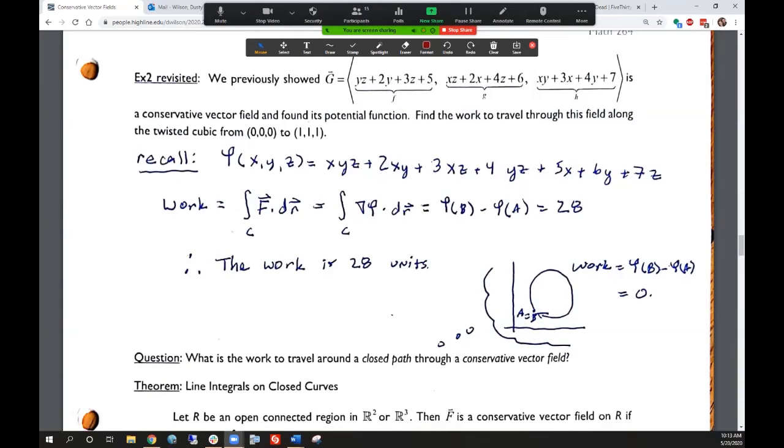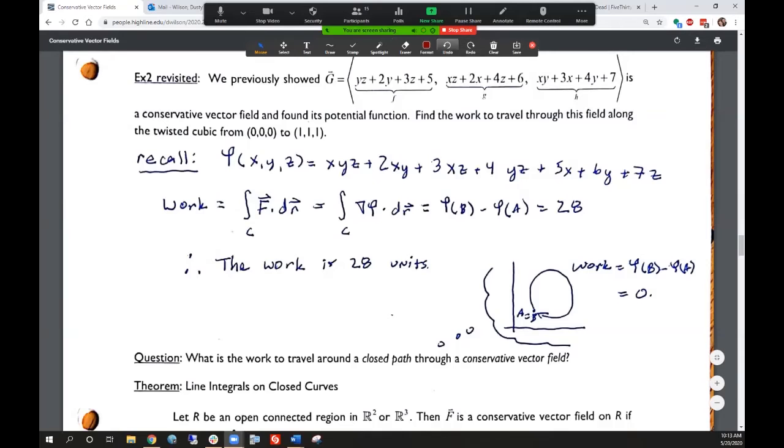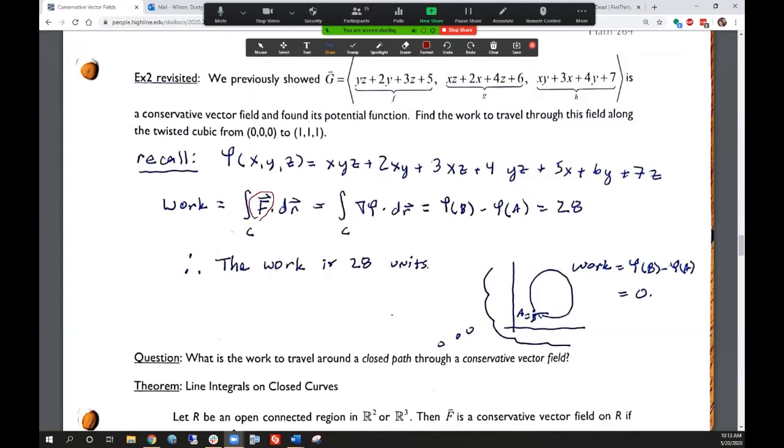Same thing: find your potential function, calculate the work, and we recognize that our force field is a gradient field, in other words, it's conservative, and so we can simply evaluate the potential function at the two endpoints and find the difference. I'm not going to work through that, same deal as before.